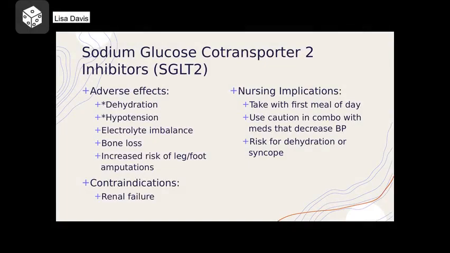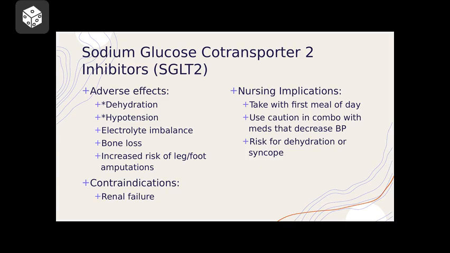All right, because this SGLT2 inhibitor is kind of a newer medication, it does have quite a few adverse effects. Dehydration and hypotension are going to be our big concerns. Again, it's going to work in those kidneys to make you pee out the extra sugar, so that dehydration and hypotension makes sense.